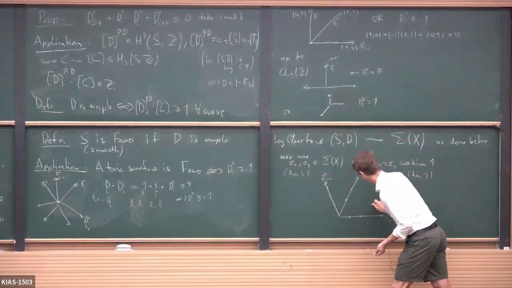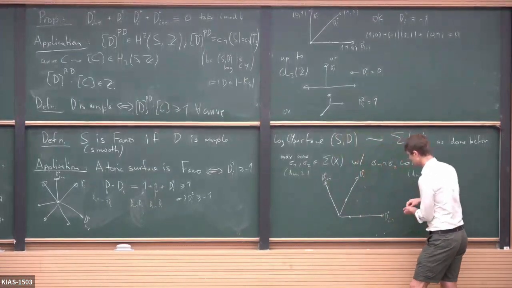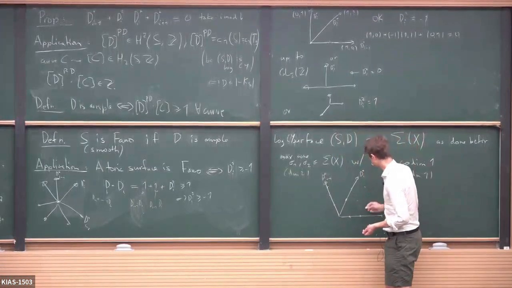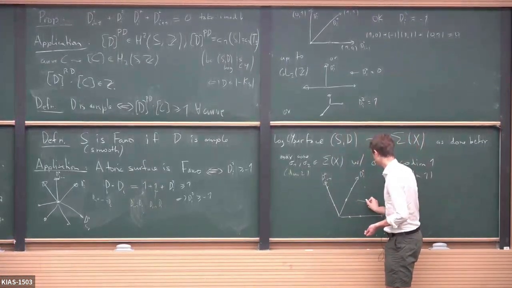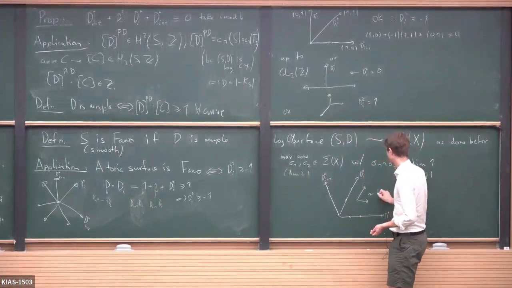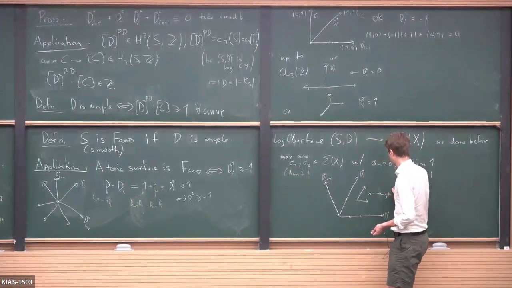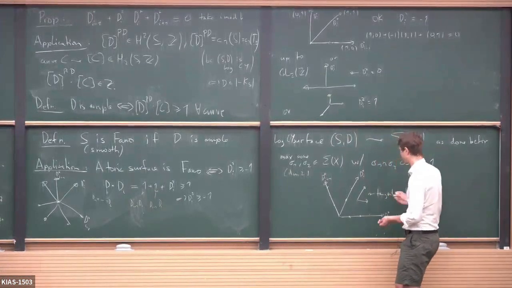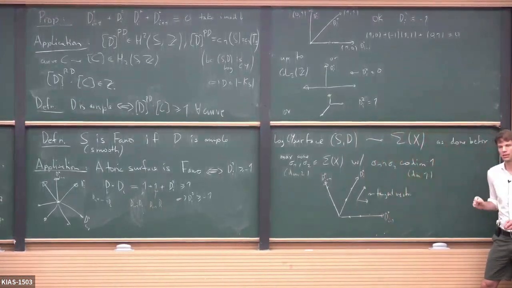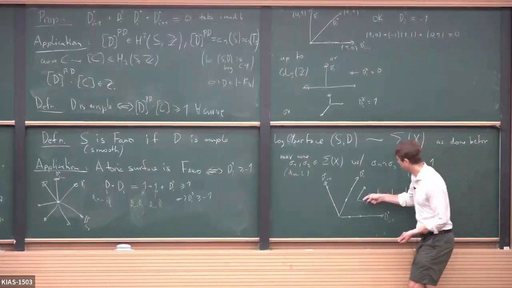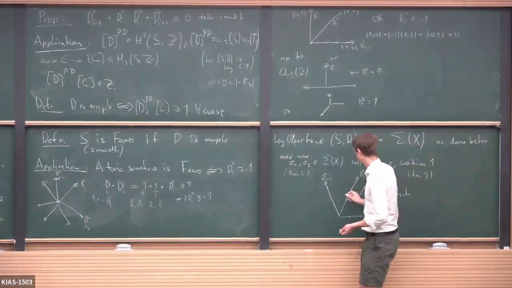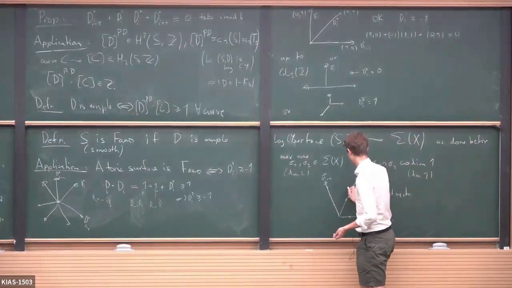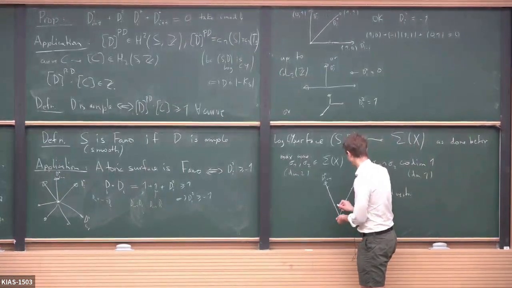Now I can tell you, I have a lattice of tangent vectors here. It's the basis of the tangent space. And now I can tell you how to move this to the other side. I have a natural basis here.